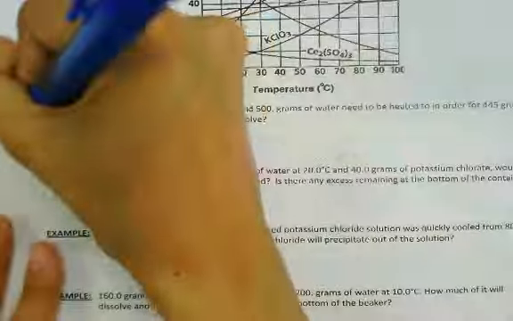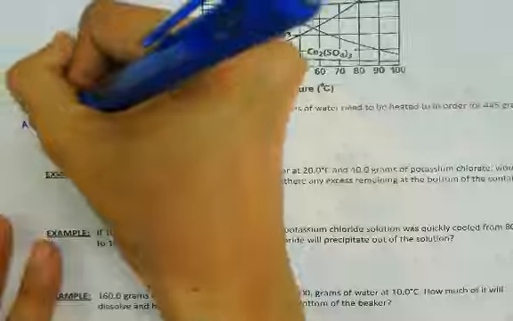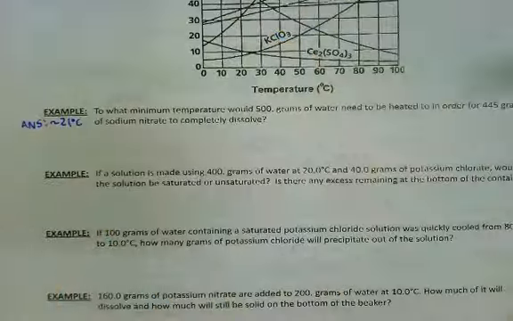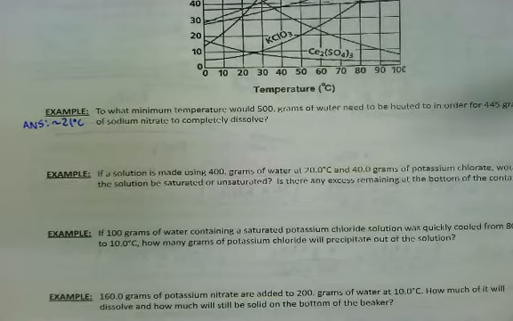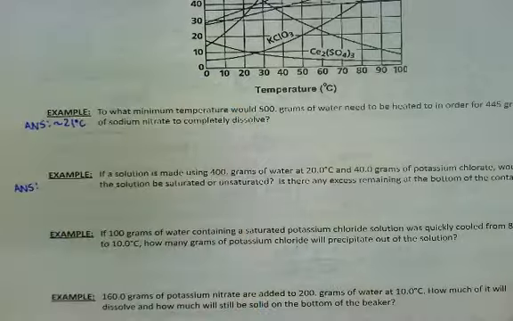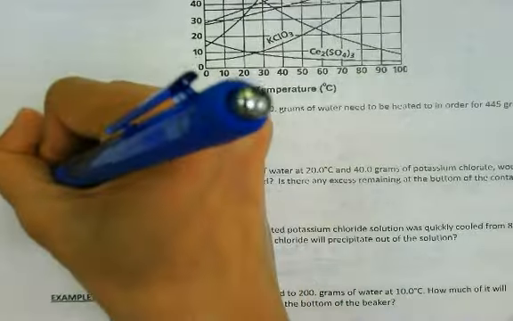So this first example, I'm going to give you the answer. The answer to this first one is going to be about 21 degrees Celsius, depending on how you estimate that. You may estimate it a little bit higher or lower. The answer to this second one is saying, would the solution be saturated or unsaturated?